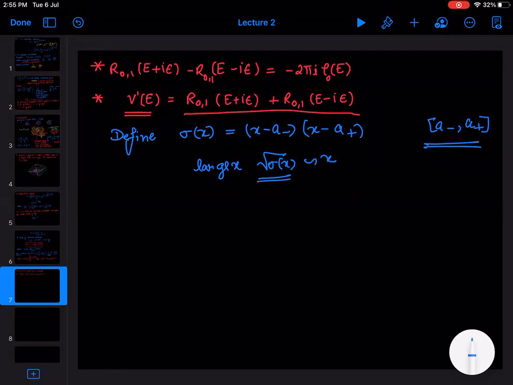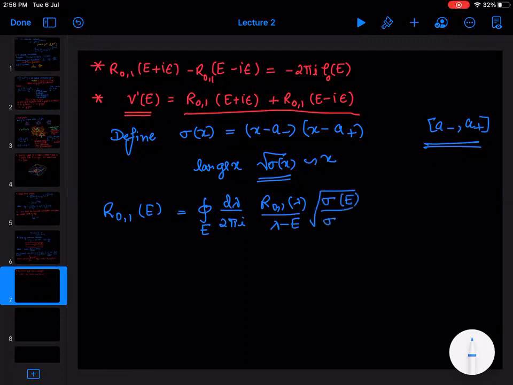So let's just use the residue theorem and write an expression for R_{0,1}. I'll write a contour integral about the point E. This just follows from the residue theorem.